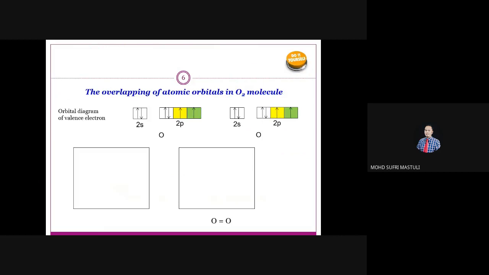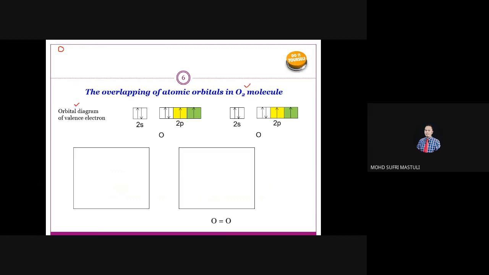All right, so you have to try the oxygen. You have to do it by yourself. Every time we want to identify, we have to draw the orbital diagram of the valence electrons, so we have to write the electronic configuration.